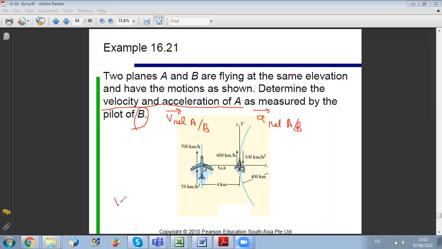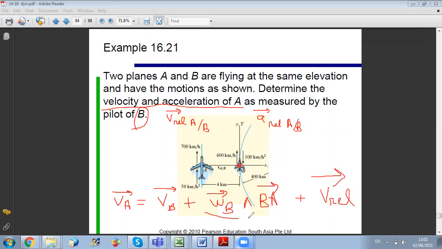I can write that V absolute of A is equal to V absolute of B plus, since my rotating frame is fixed to plane B, omega of B vectorial BA, and plus V relative.